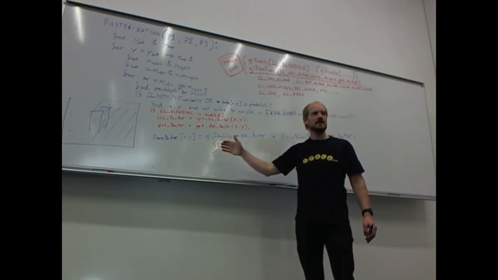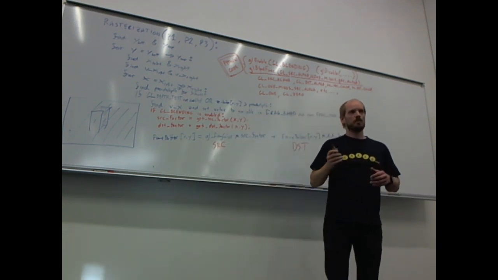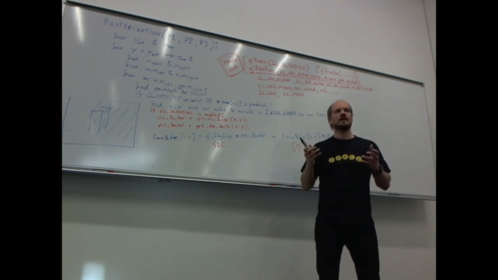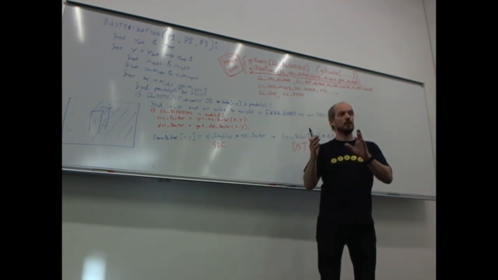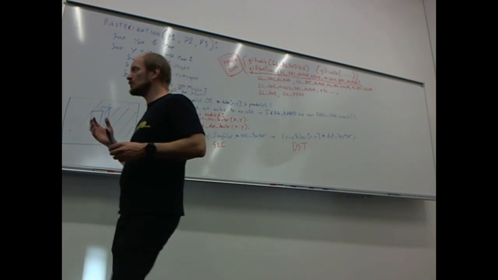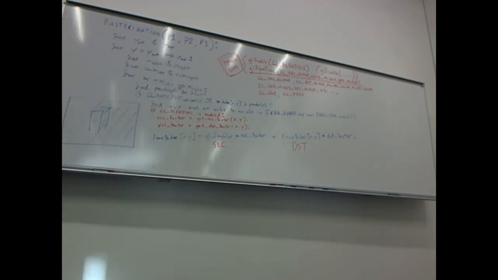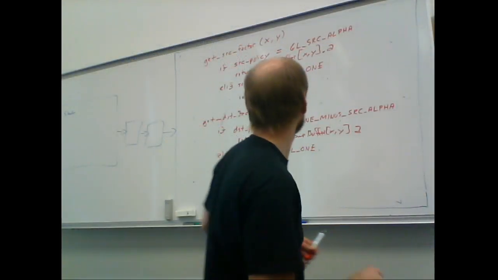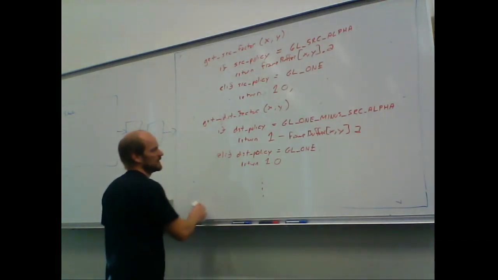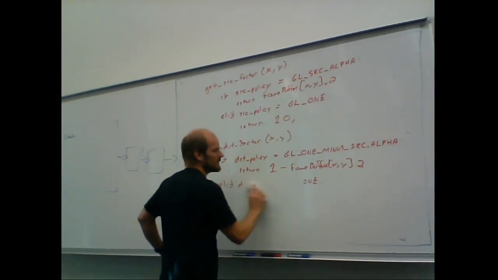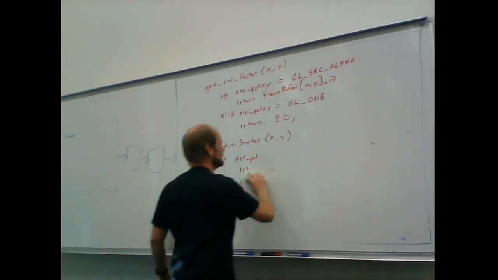Then blending happens. So blending is not something we do in the fragment shader. But we can have a huge effect inside our fragment shader on what happens in the blending.